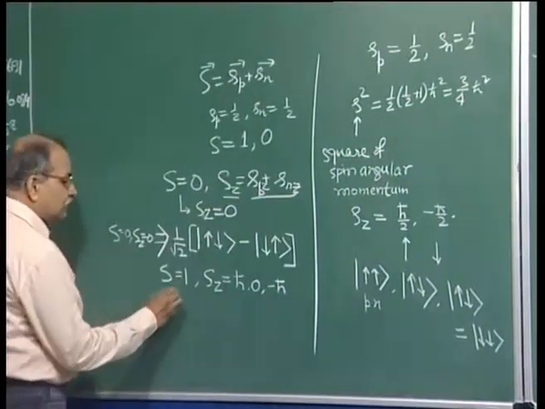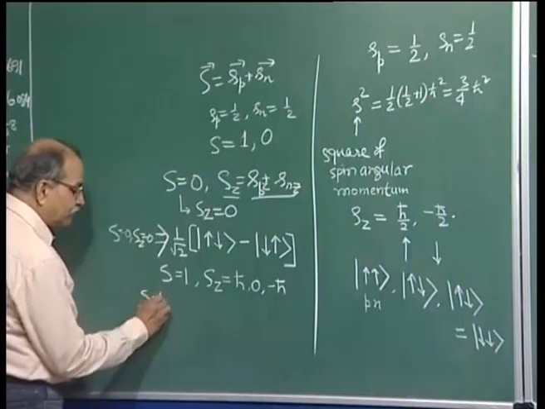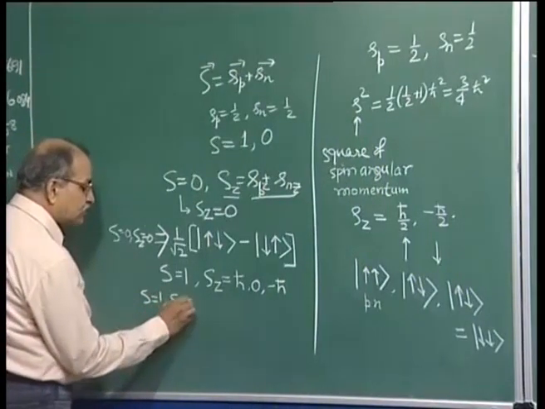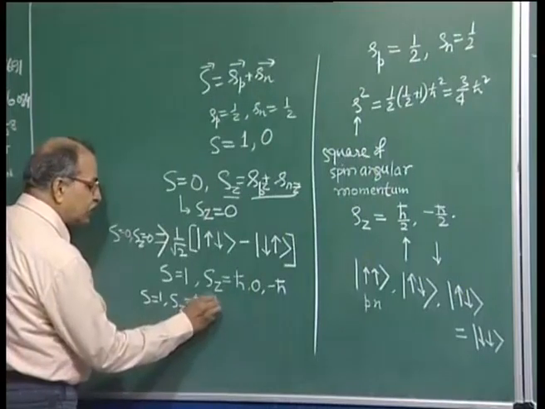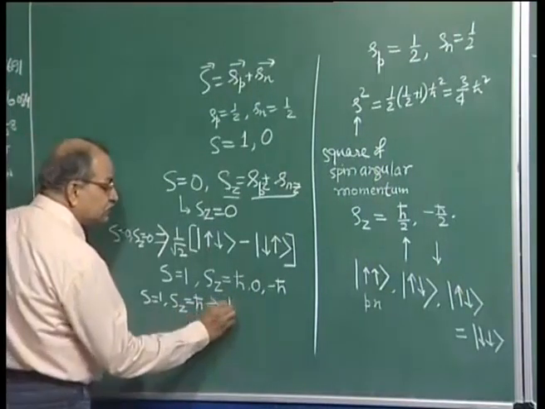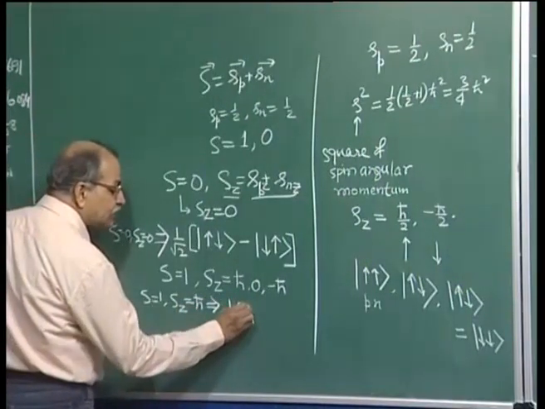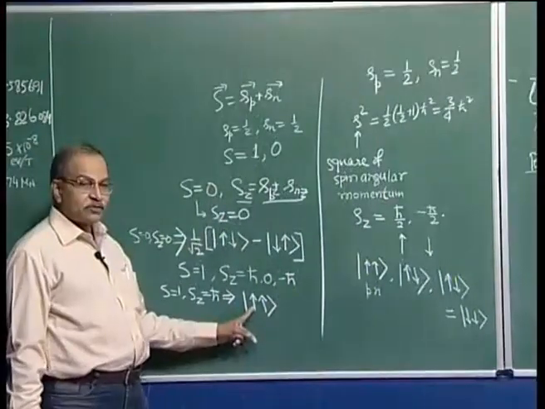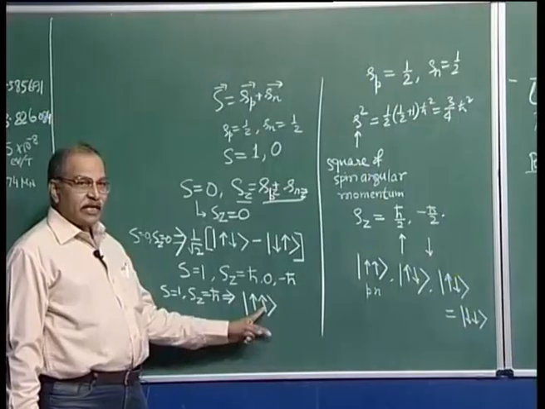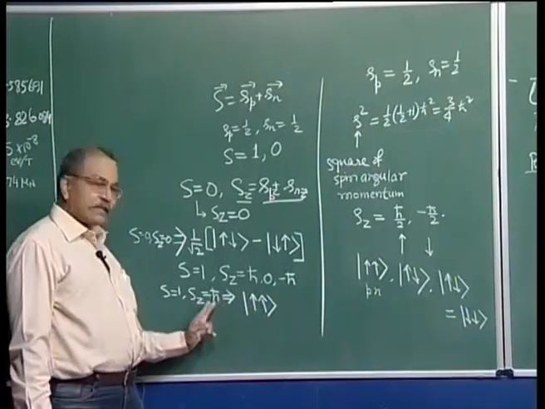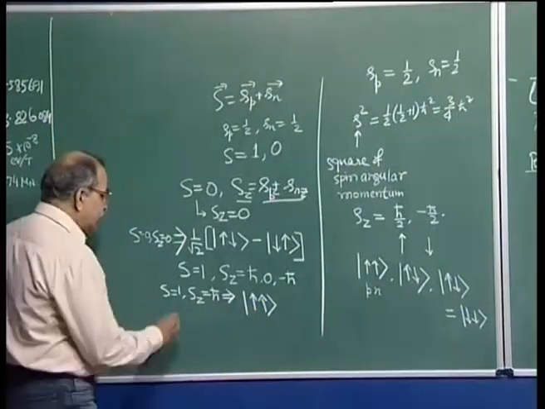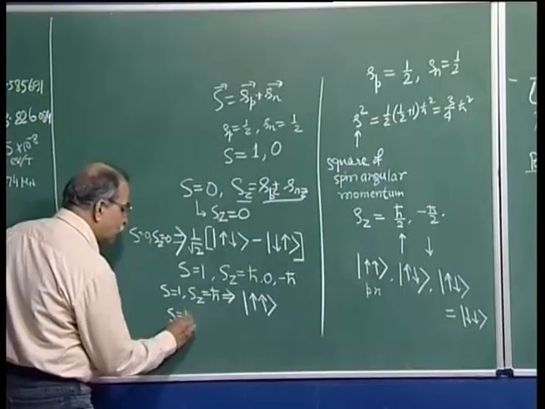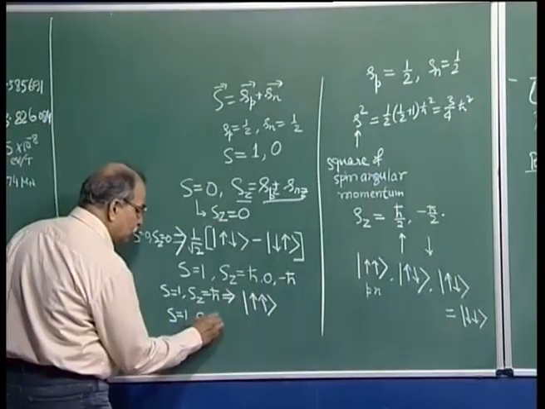So, you have, let us say, S equal to 1 and Sz is equal to ħ. Corresponding to this, what will be this wave function? It has to be this one. This is also ħ by 2, this is also ħ by 2, and when you add these two you get ħ.